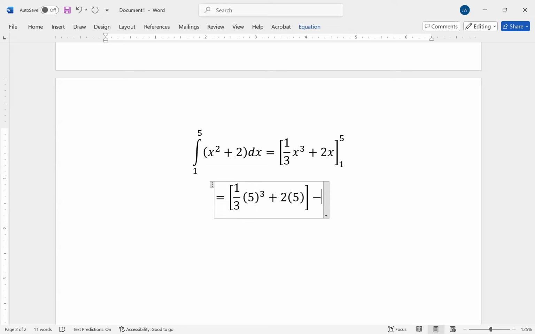We're going to calculate whatever that number is, and then we're going to subtract whatever number I get when I plug in a 1. So 1/3 times 1 to the third plus 2 times 1.